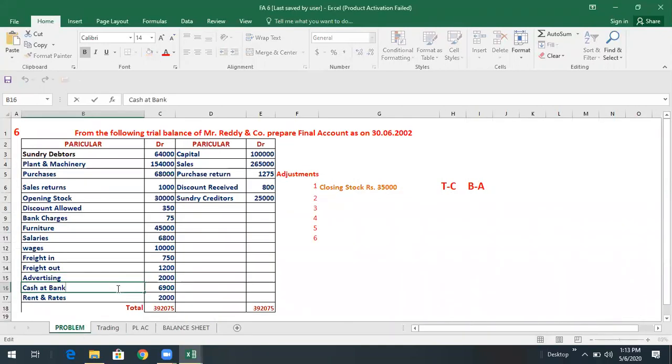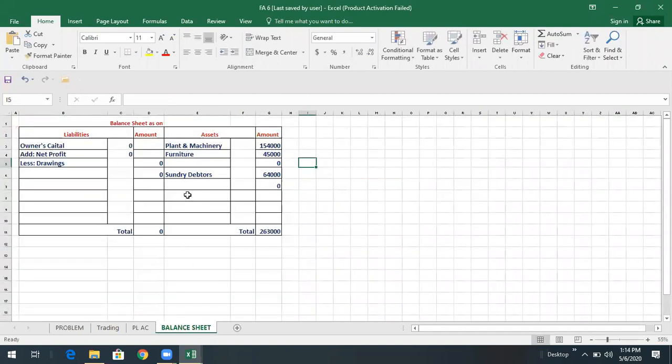Next, cash at bank. Cash in hand, cash at bank, both are assets. So balance sheet, asset side, I'm entering cash at bank.